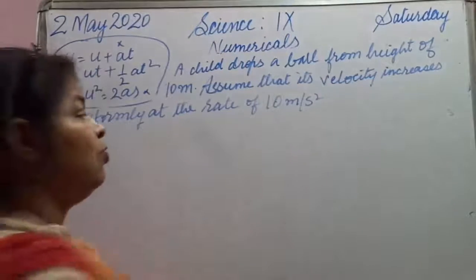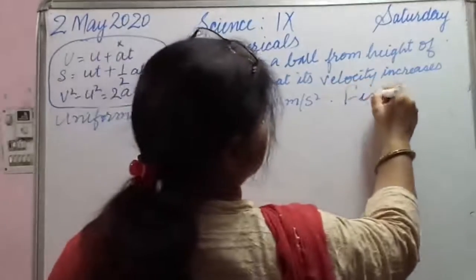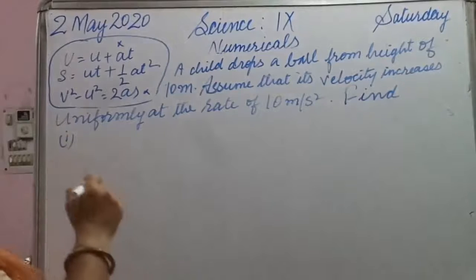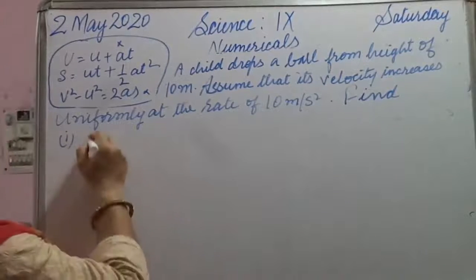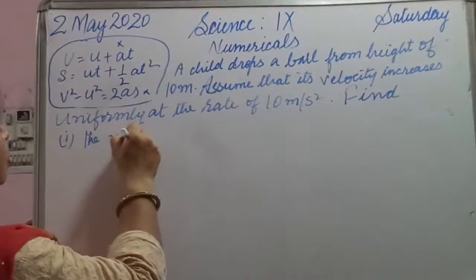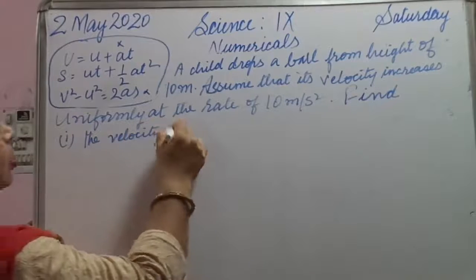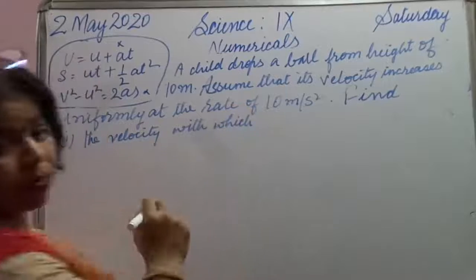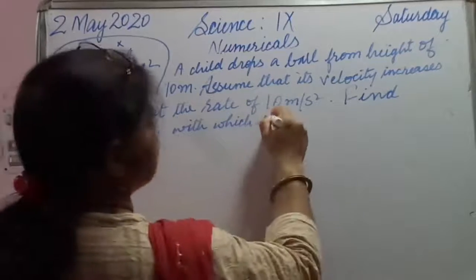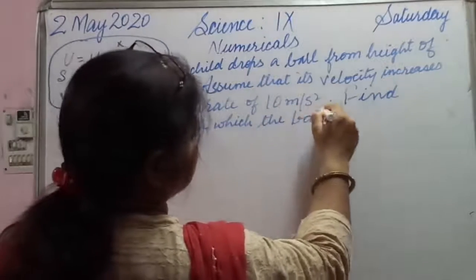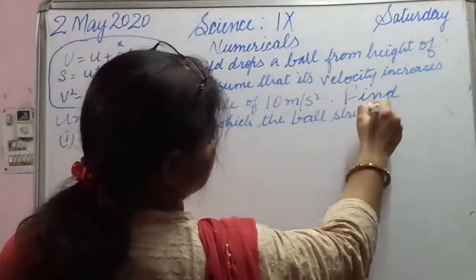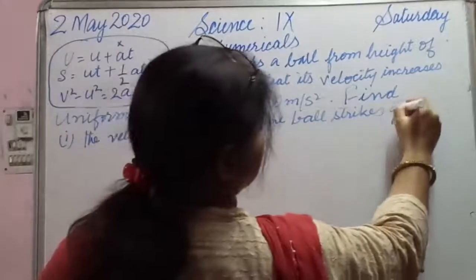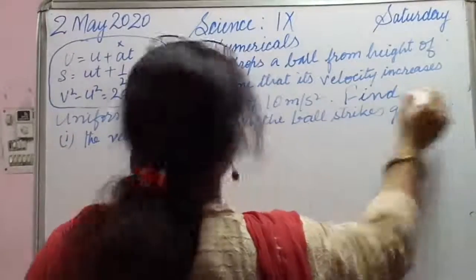Now first question, number 1: find the velocity with which the ball strikes the ground. This is your first question.